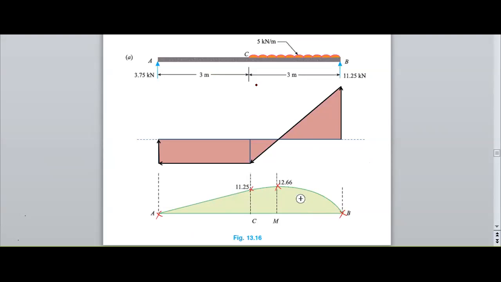If you observe here, in between B and C a UDL is existing. Therefore, I need to join by freehand, so up to C I need to join by freehand.